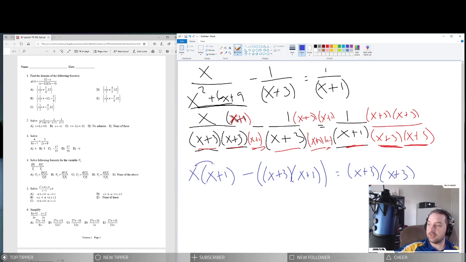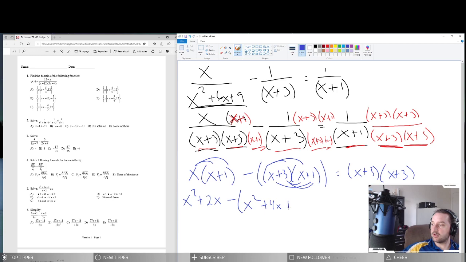So distributing this, that's x squared plus 2x. Multiplying all this through, I'm going to get minus x squared, 3x and 1x, so plus 4x plus 3. And that's going to equal, distributing all this through, x squared plus 6x plus 9.